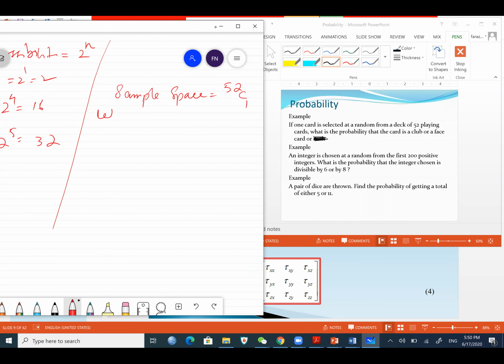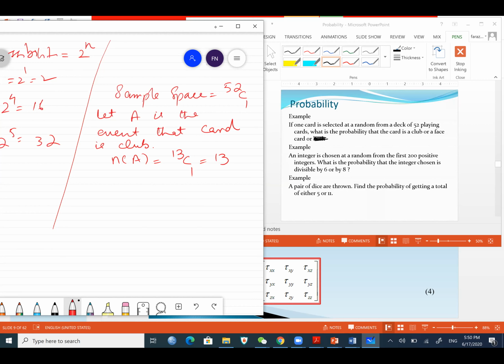Let A be the event that the card is a club. So how many clubs in total? 13. So 13C1 is 13. Understand?